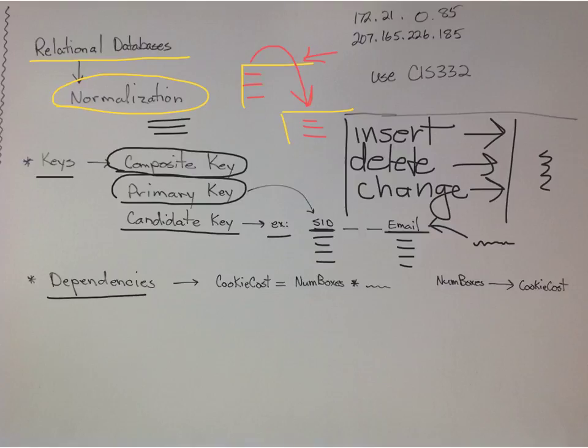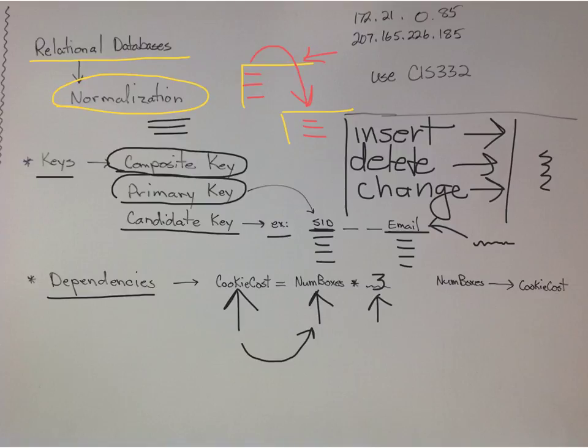Alright, dependencies. I'll go through a brief little example. Cookie cost, let's say you're buying cookies. Number of boxes times the cost, whatever that might be, say $3. Buy 5 boxes, $15 is the cost. So cookie cost is dependent upon the number of boxes. Dependencies.